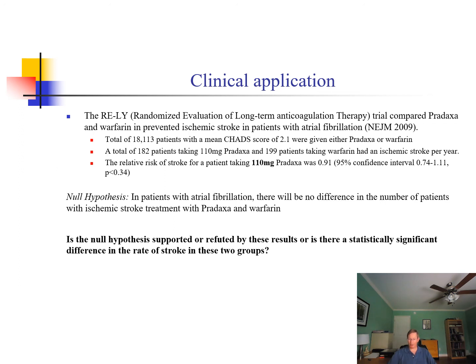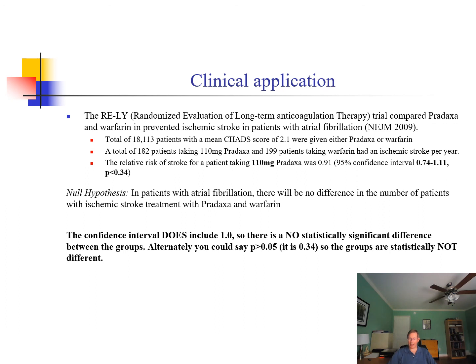Now the relative risk for this Pradaxa group was 0.91 with a 95 percent confidence interval of 0.74 to 1.11 and a p of 0.34. Is this null hypothesis, that the patients taking 110 milligrams of Pradaxa are protected or not protected as well as with warfarin?